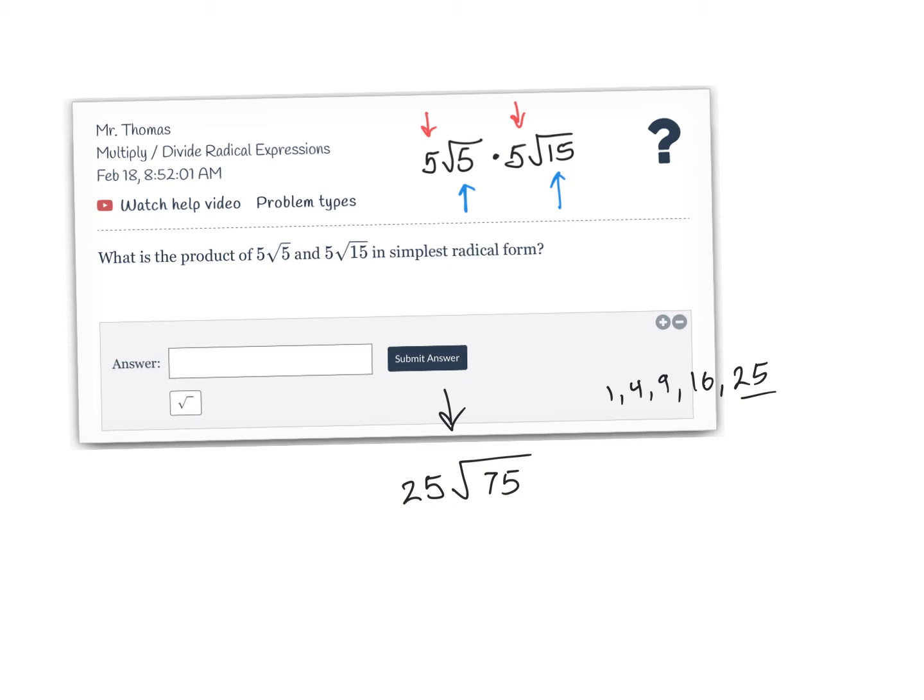So off to the side, I'm going to do square root of 75. I'm going to notice it's 25 times 3, actually, yeah. And then square root of 25 is 5. So boom, this is the simplification of square root of 75. So I'm going to go back to my answer here. I'm going to erase square root of 75 and put 5 square root of 3.